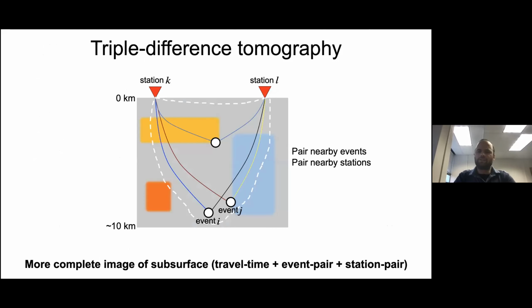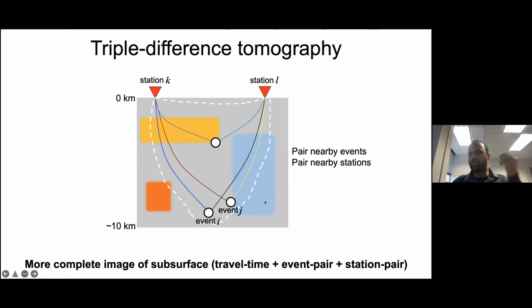And so just starting with some fundamental tomography techniques, seismic tomography that is, I'm going to apply a triple difference tomography tool to this region. That simply means that in addition to the traditional travel times that we have from source to receiver, resolving structure along the ray path connecting the source and receiver, we can now start combining data from station pairs and from event pairs at depth.